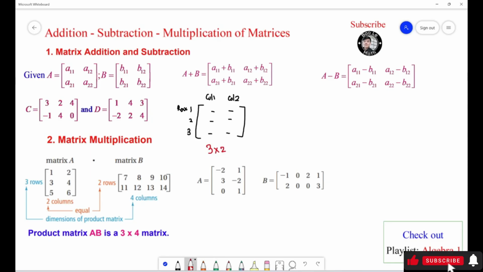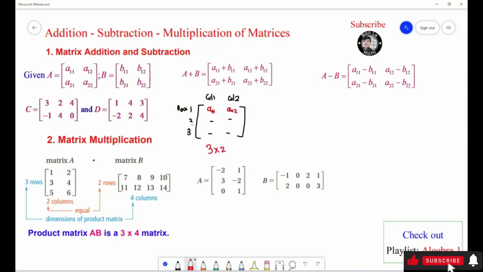Now the element, we call this A. This is the name of the element. This element falls into row 1 and column 1, so we write A1 1. Rows first, columns second. Look at this one. This is row 1, column 2, so it's A1 2.